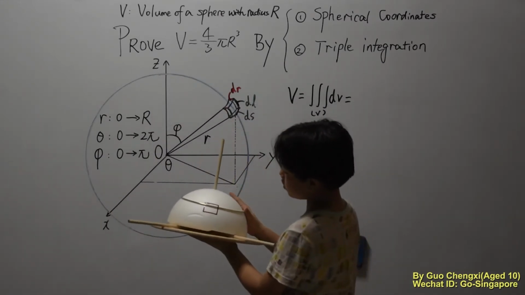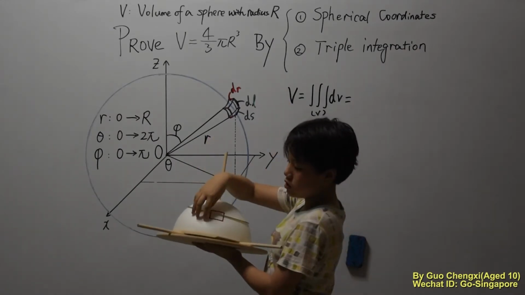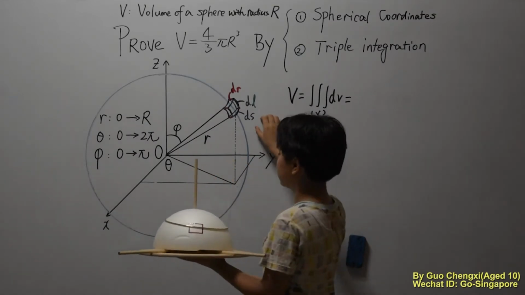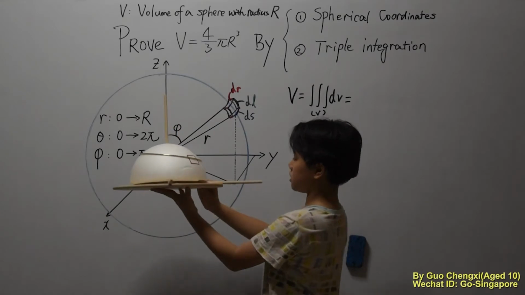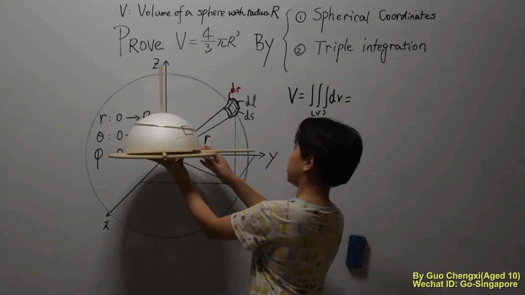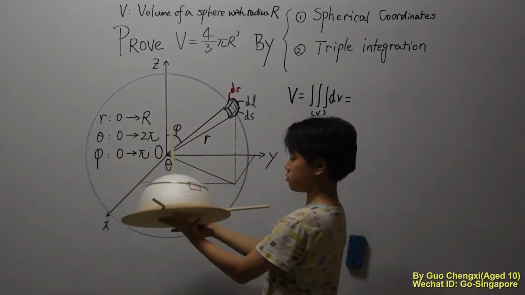So over here, it will become like this. In this case, where is dl? dl is over here. Then where's ds? ds will be over here. So it will become something like this. This is what it will look like when you actually do it like this, okay?